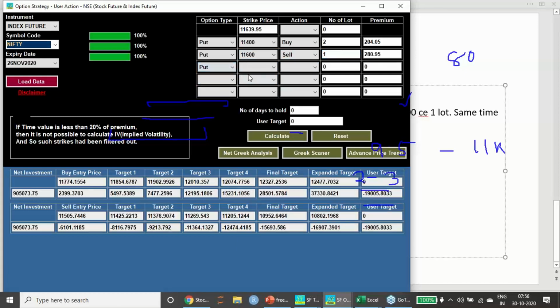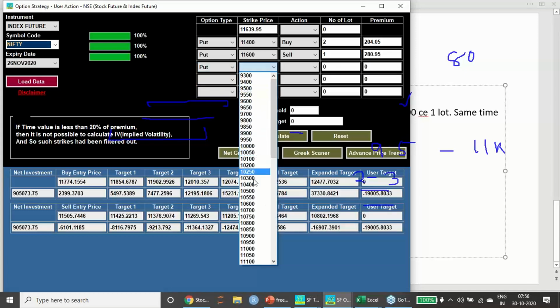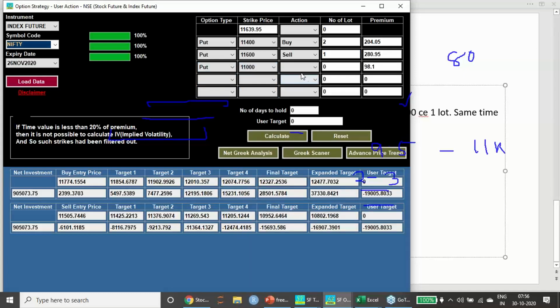Along with that, one 11,000 put option also we are selling, 1 lot. See, the great premiums are sitting here. 408, 280 plus 100, 380 we are getting.